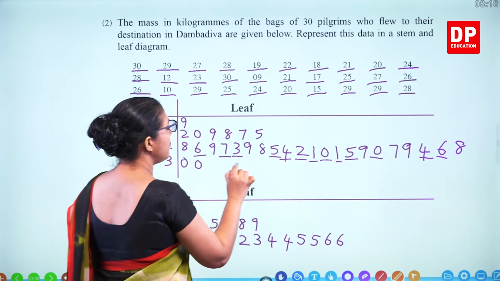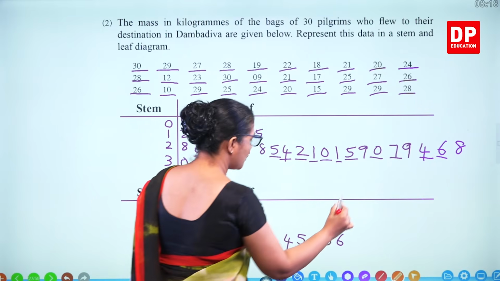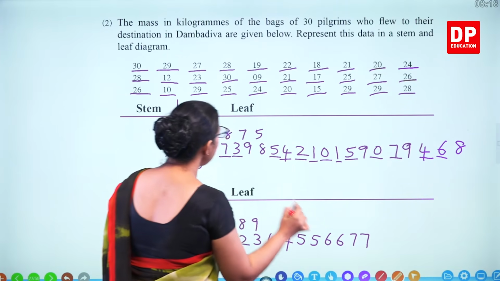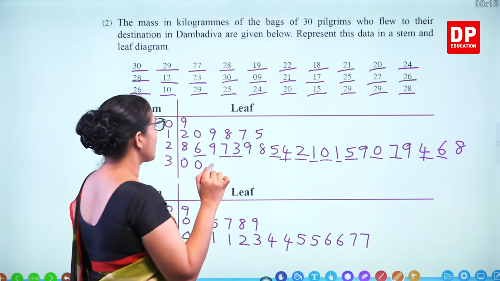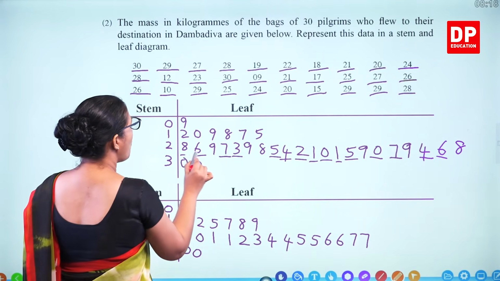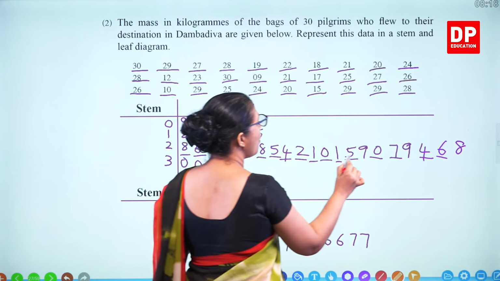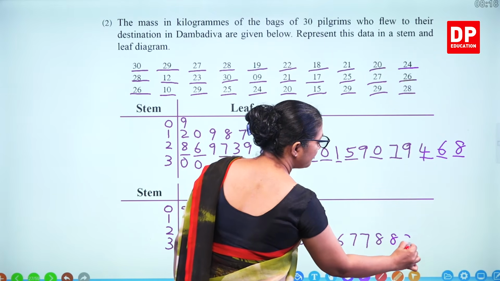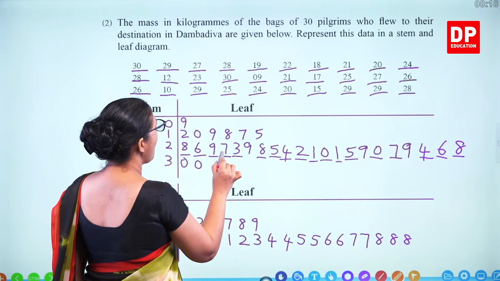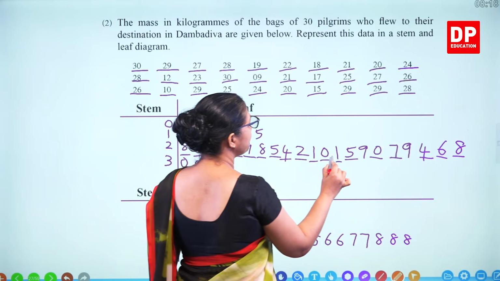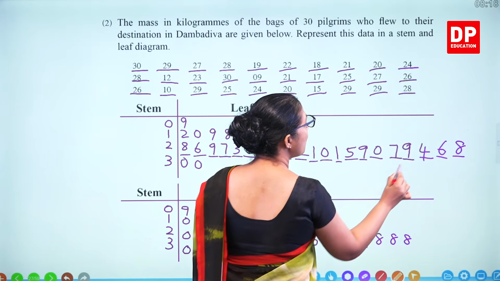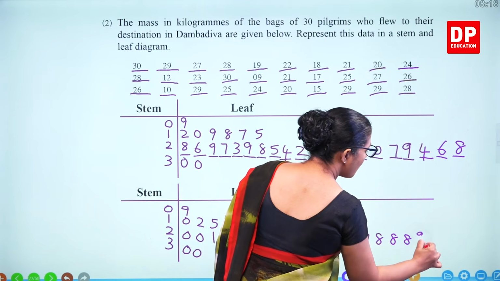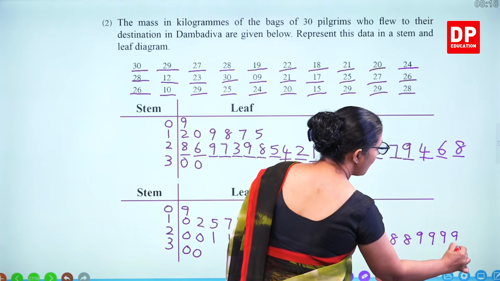Then 1, 2, 2 7s. How many 8s? 1, 2, 3. 3 8s. 1, 2, 3, 4. 4 9s.